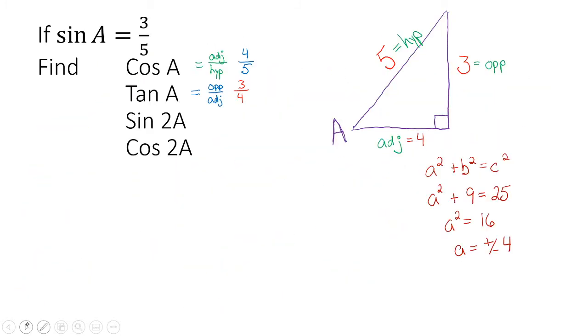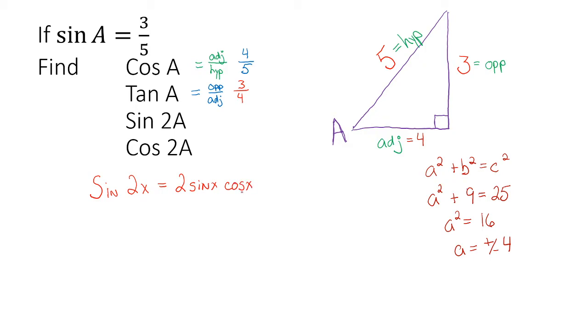So the first thing we're asked here today is the sine of 2 alpha. We just learned on our last lesson that if we're looking for the sine of 2x, or maybe it said sine of 2a, I don't remember, the formula reads 2 times the sine of x times the cosine of x.